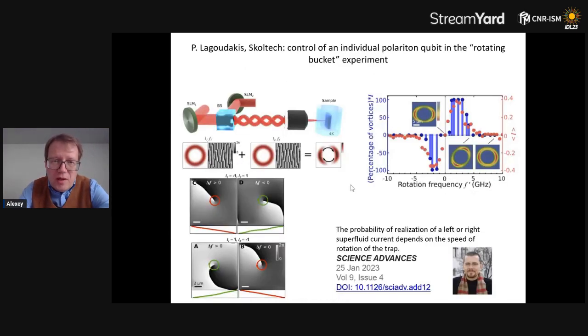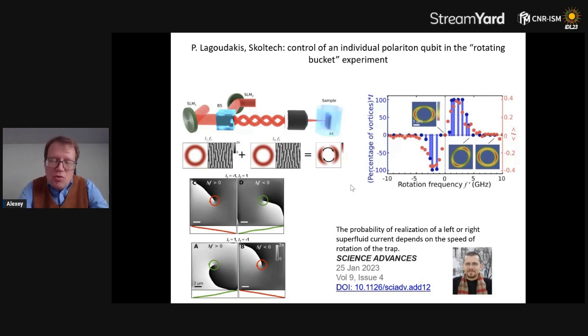How to control it? The idea came from the group of Pavlos Lagoudakis in Skoltech. They control the state of a qubit by rotating the trap. If you have an elliptical trap and you manage to rotate it, then you realize a current propagating preferentially in the same direction as the direction of rotation.